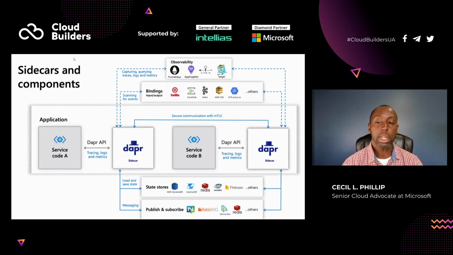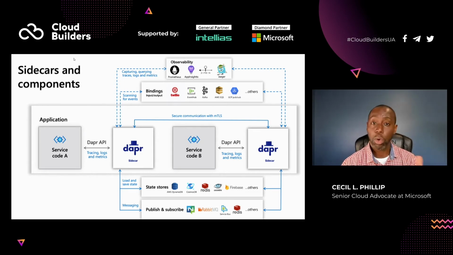So let's take a look and see how exactly Dapr kind of works. And it uses a concept known as a sidecar. So some of you may or may not be familiar with what a sidecar is, it's essentially, consider your application, right? Like these little gray boxes that you're looking at on the screen right now represent your application. And Dapr runs as a separate process right next to your application.